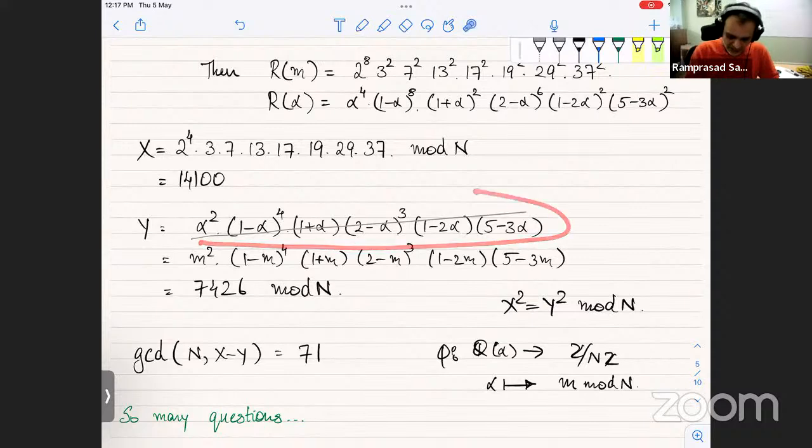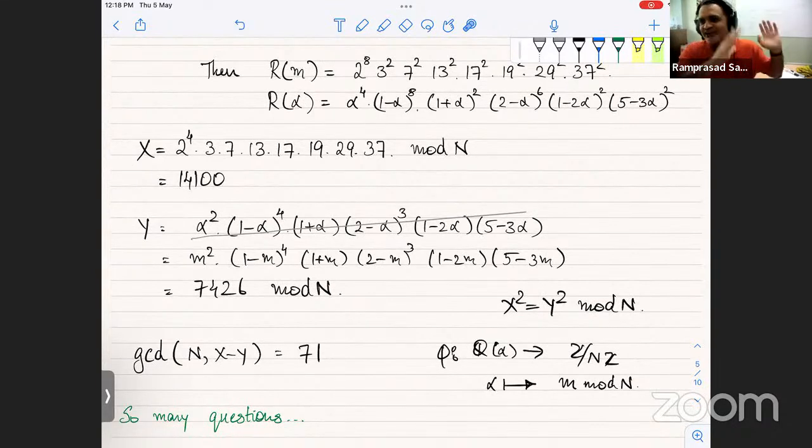So this was an element in the number field, and we just applied this homomorphism, replacing alpha by x. That's the reason why x squared is equal to y squared mod n in the way we have constructed. I'm not going into too much detail about that at the moment. But I hope it at least smells right that what we are doing is going to give us a congruence of squares, assuming, of course, all the other nice things happen.